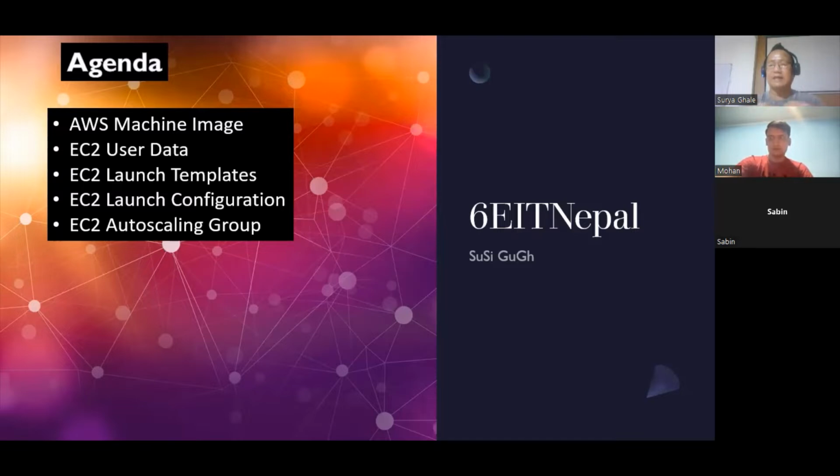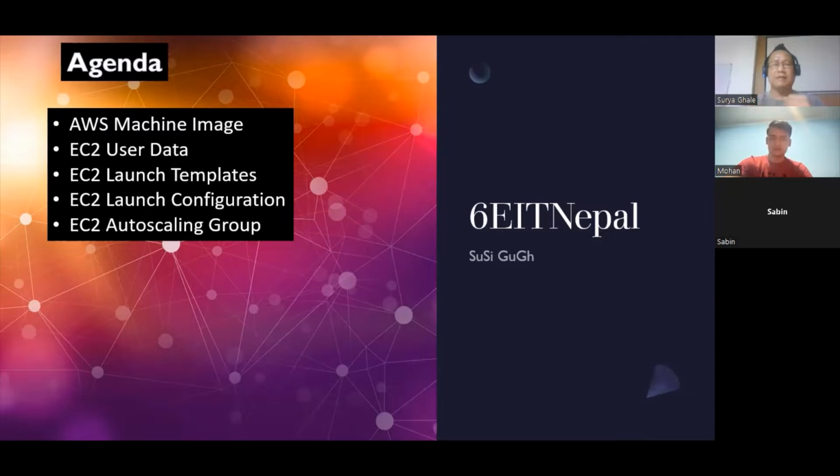You already prepared a ready-made image and you want to sell it in the marketplace so that customers don't have to do anything. No need to install the OS, no need to install the software. Then you can create your own AWS images and sell them in the marketplace.